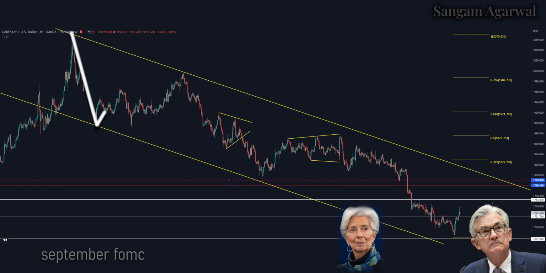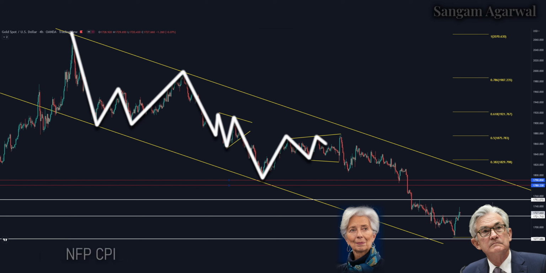And in the September FOMC meeting, if they raise lower than July, then this will be the Fed pivot which everyone is waiting for, because the next series of data, the NFP and CPI, will only confirm recession, and the first drop will be important, and gold price will make a bottom before an official rate cut.